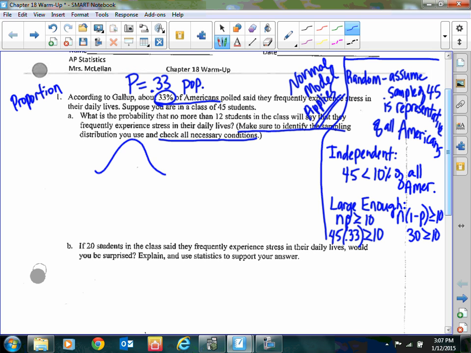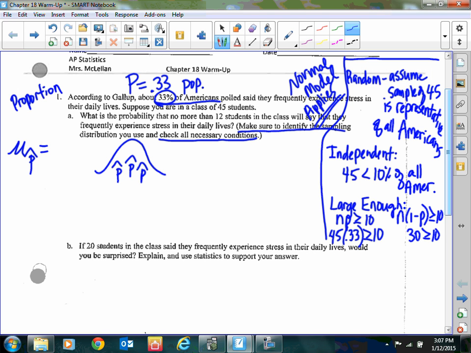All right, so you have a distribution that has a whole bunch of p hats in it. You have got yourself a sampling distribution with a sample of 45 and the proportion that experience stress, and so on.